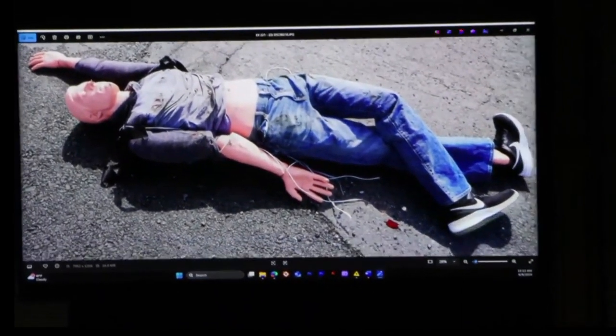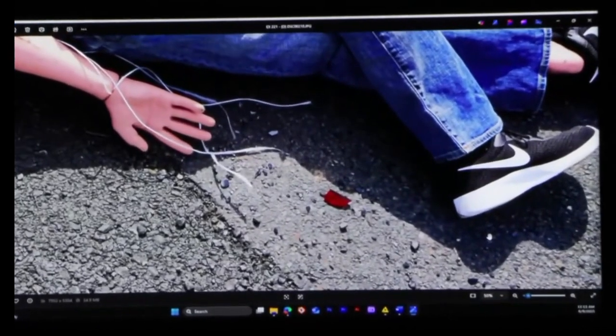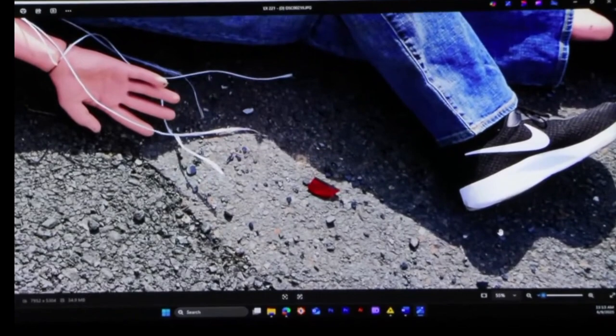Ms. Gilman, can you pull up that last exhibit with Randy on the ground? I think it's exhibit 221. Okay. And so this is Randy, right, doctor? Yes. Zoom in a little bit, please. What's that red thing near his shoe? Appears to be a fragment of the taillight.